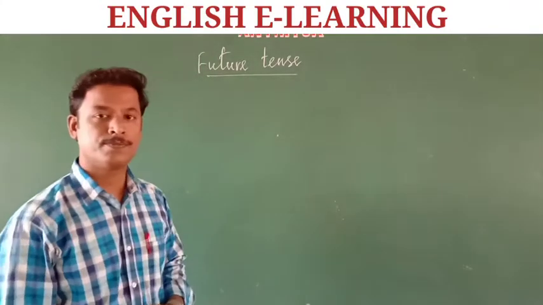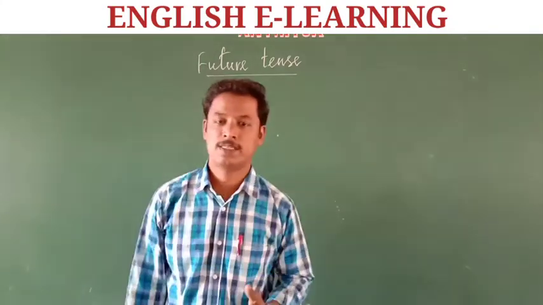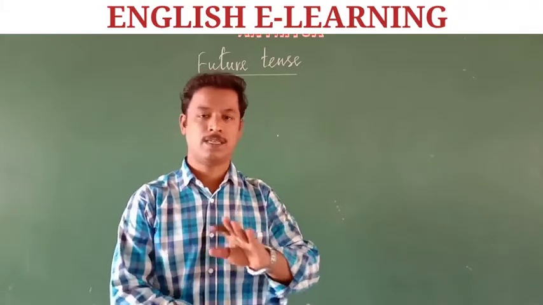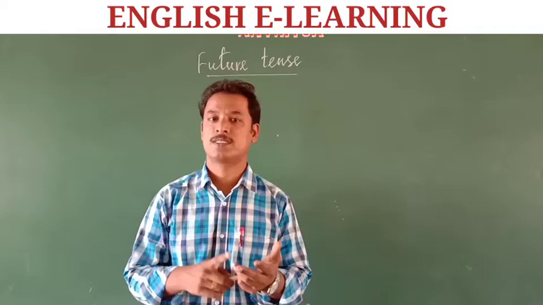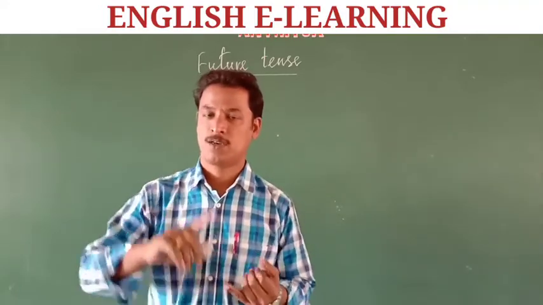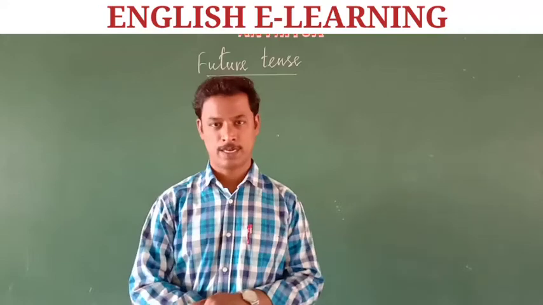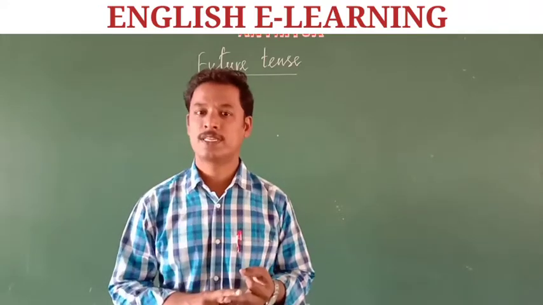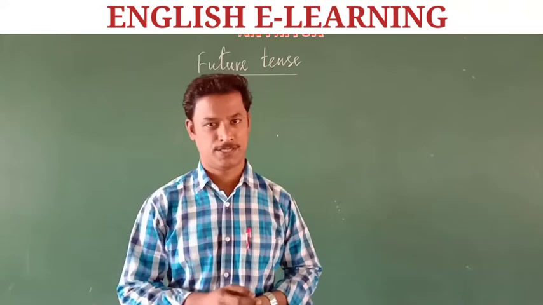You know already, every tense has four forms. There are three tenses in English: past, present and future. Every tense has four forms. They are simple, continuous, perfect, perfect continuous.